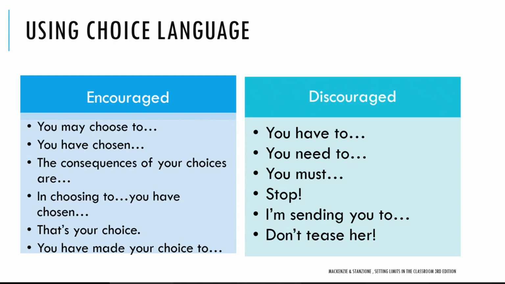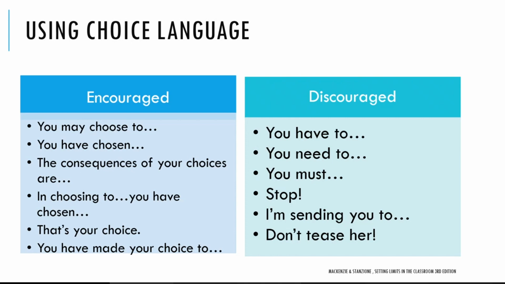Then we want to make sure that we encourage them to do those types of things by using that type of language. You discourage them when you say, "You have to do this, you need to, you must. Stop. I'm sending you to your room. Don't tease her." Those types of things are discouraged and they're negative. When you say "don't tease her," it just kind of legitimizes the teasing.